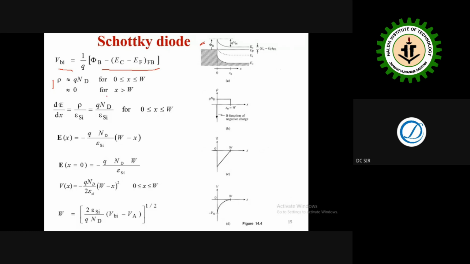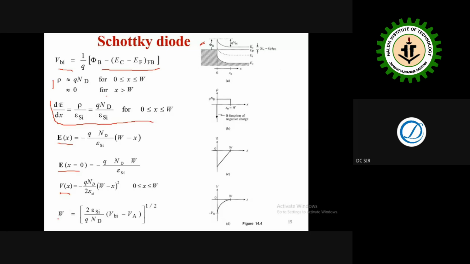So this is the Poisson equation. Using the Poisson equation, we can determine the electric field. That is E at X equal to 0 is minus Q ND W over epsilon Si, and the potential is V of x equals minus Q ND over twice epsilon Si times W minus X squared.